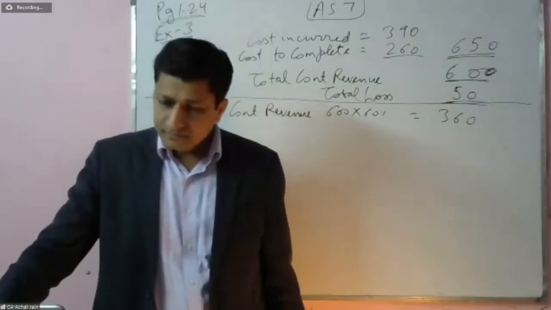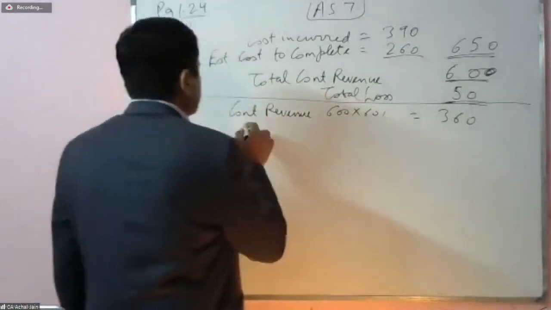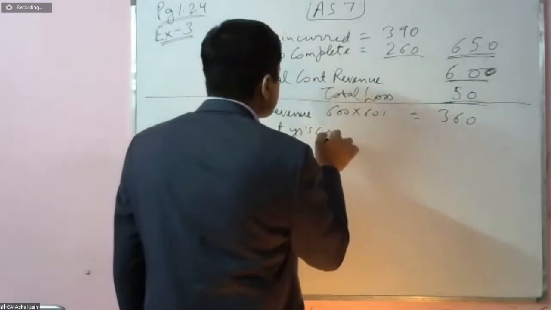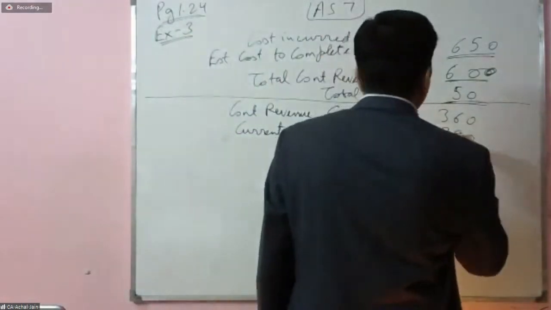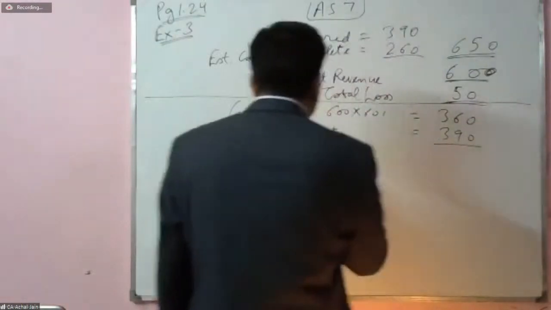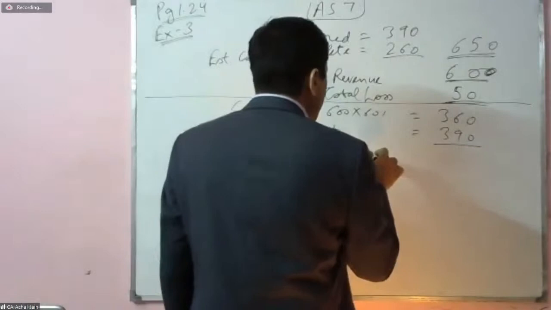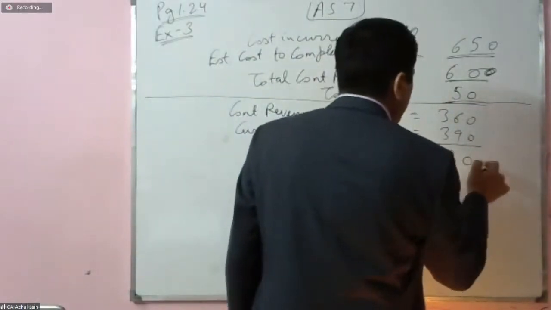Okay. And the current year's cost is what? 390. Loss for the current year is what? 30.